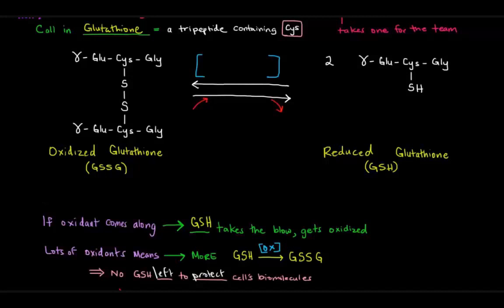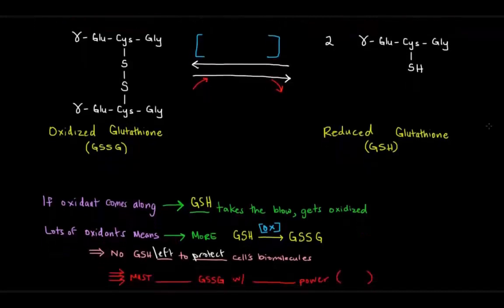So how do we solve this? Well, we need to find a way to take this oxidized glutathione and remake this reduced glutathione. So we must reduce the oxidized form of glutathione with NADPH. We reduce the GSSG with reducing power, which is of course NADPH.